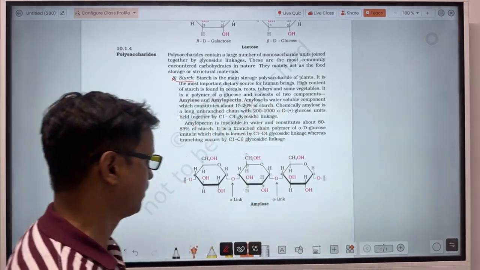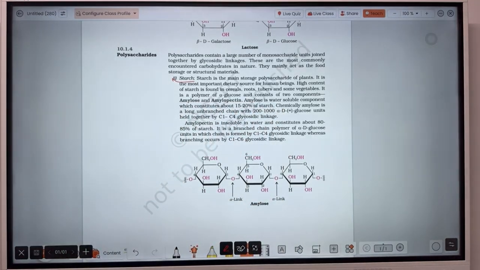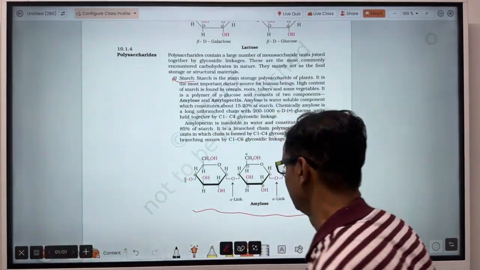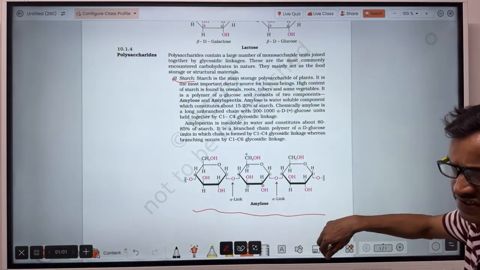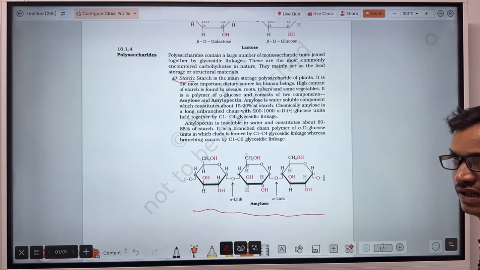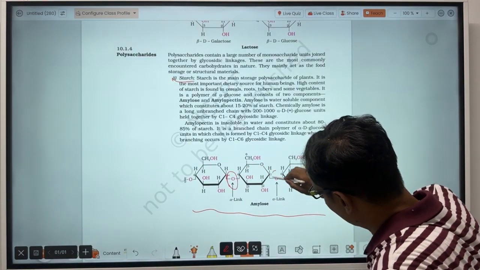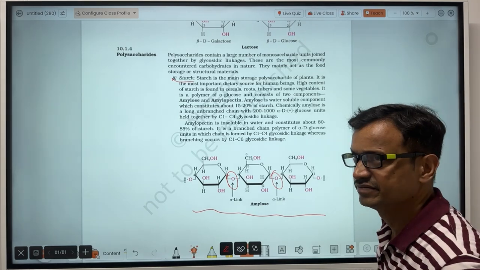The difference between amylose and amylopectin is that in amylose there is polymerization of alpha D-glucose, and each unit is bonded with the others through 1,4-glycosidic bonding.